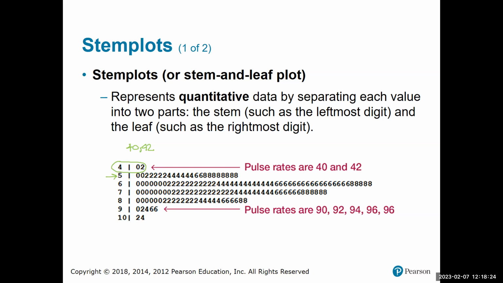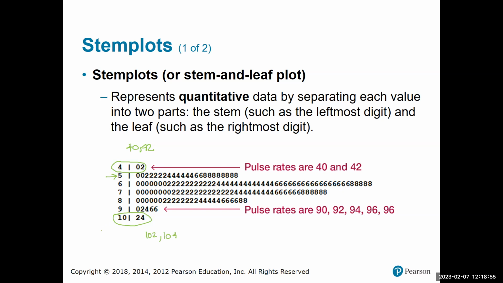So this would be 50, 50, 52, 52, 52, 52, 52, 54, 54, 54, 54, 54, right, etc. At the bottom here, when we get to the end, that's 102 and 104 are the last data values. So each of the leaves over on the right represents a data value.